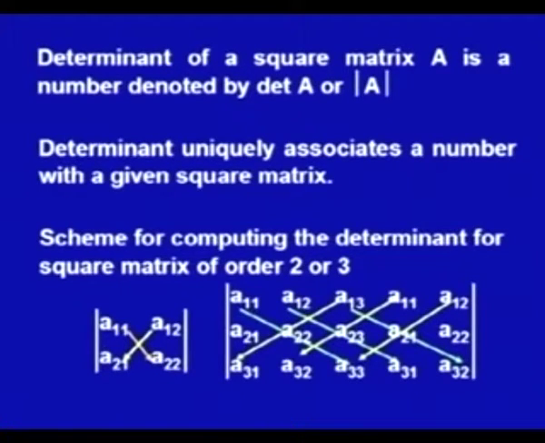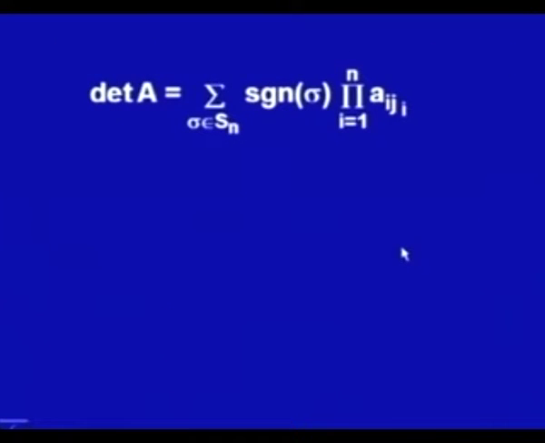If I have a second order matrix, then its determinant is computed as A11 A22 minus A12 A21, while for a third order matrix the determinant is calculated as the sum of the products A11 A22 A33, A12 A23 A31, A13 A21 A32, and then we calculate the sum of terms A13 A22 A31, A11 A23 A32, A12 A21 A33 and take the difference. But this type of definition cannot be continued for higher order determinants.